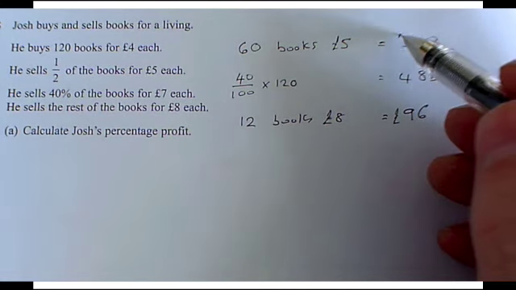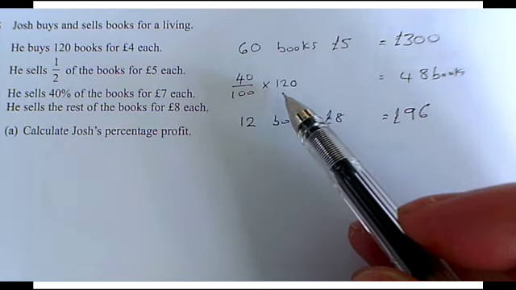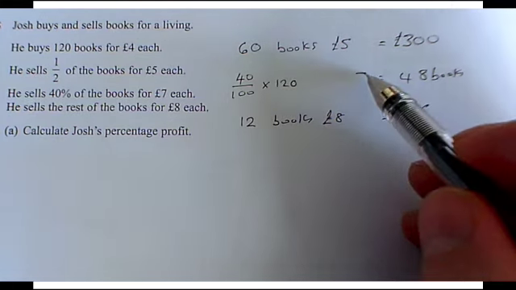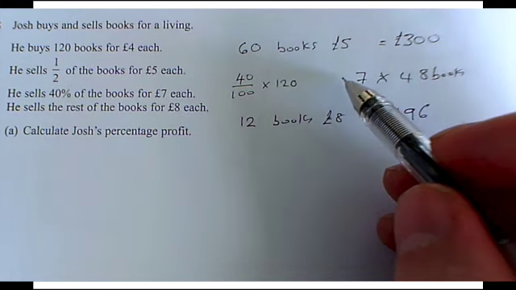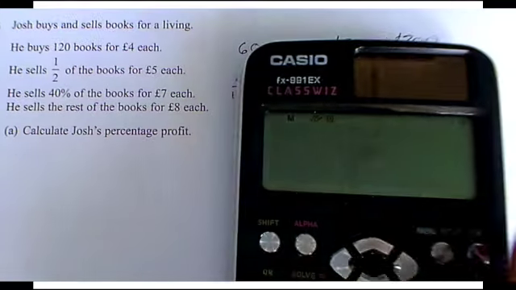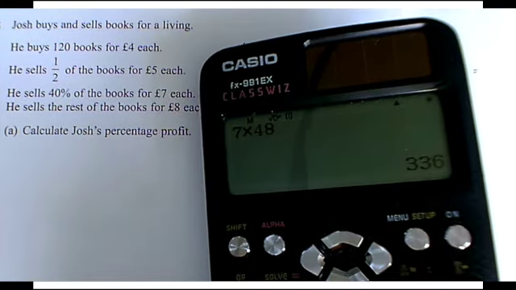Okay, and 48 books times 7. So I need to go to my calculator and do 48 times 7. It's 336.